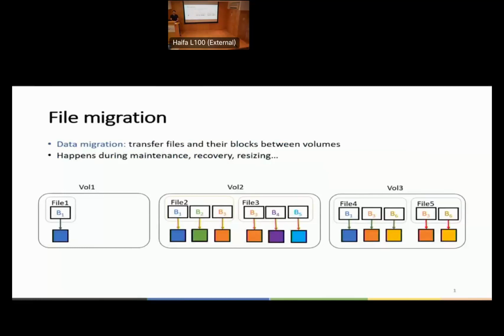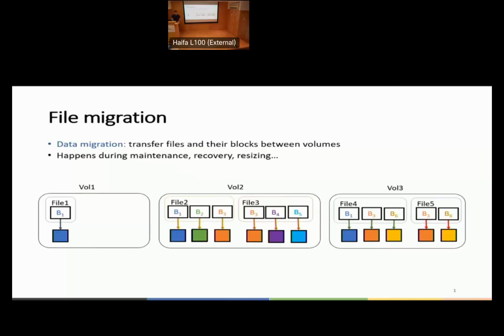The context in which we are going to talk about is a distributed system in which we have many different servers, and we refer to each server as a volume. Inside every single volume we have its own metadata and blocks. So we are going to talk about file migration, and more specifically how we transfer files along with their blocks between different volumes.